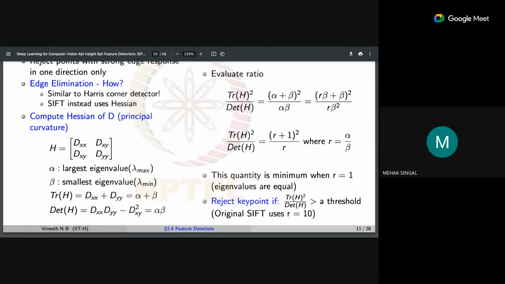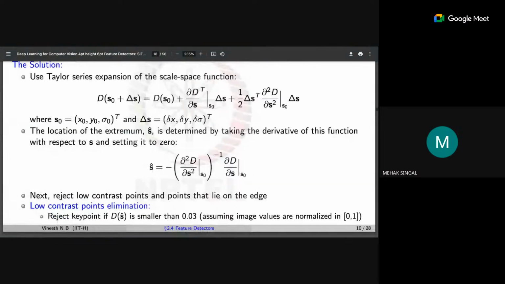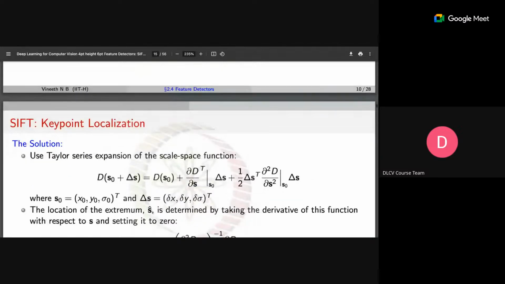So, what are low contrast points basically? Low contrast point means that the change in the intensity is small. That is what low contrast means. You don't need those points, right?